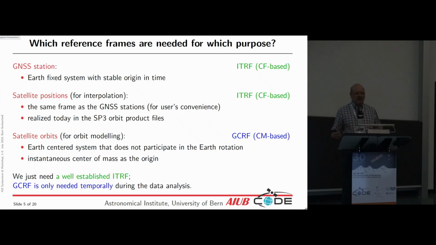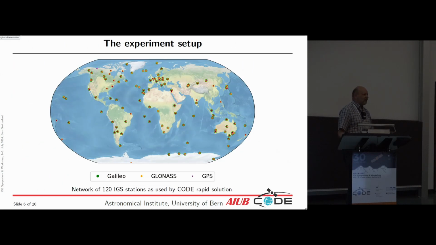After the orbit integration we can switch back by applying the geocenter vector to the positions in the center of figure-based frame. This way, this terrestrial frame which is attached to the Earth is a temporary thing that doesn't need real maintenance. It only appears in my solution.